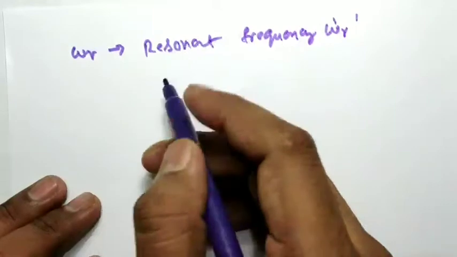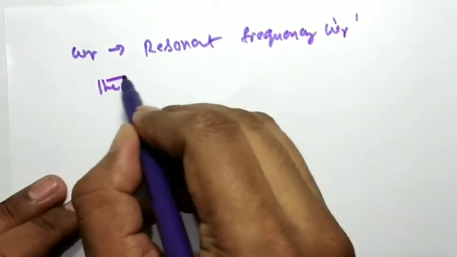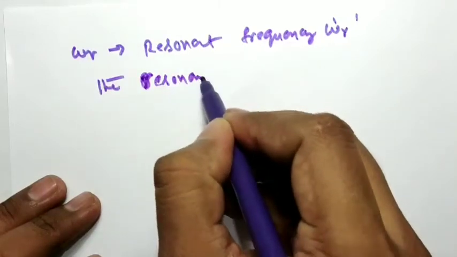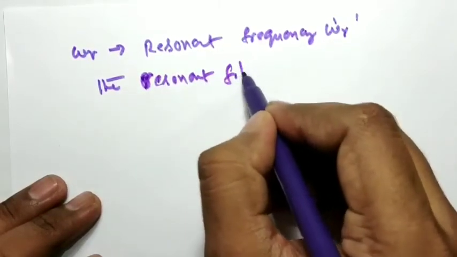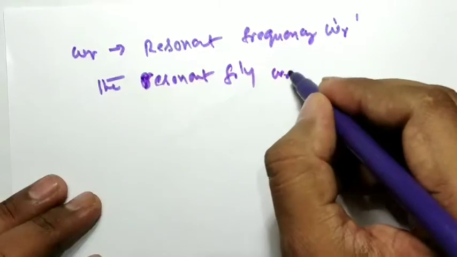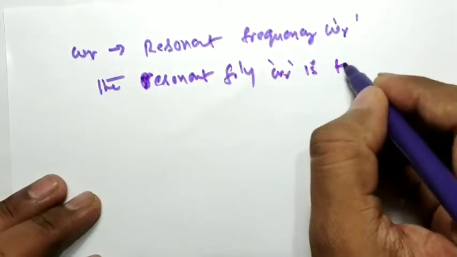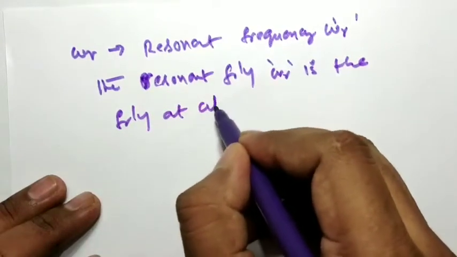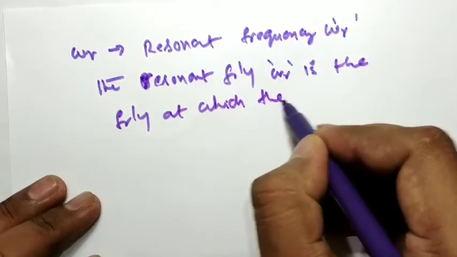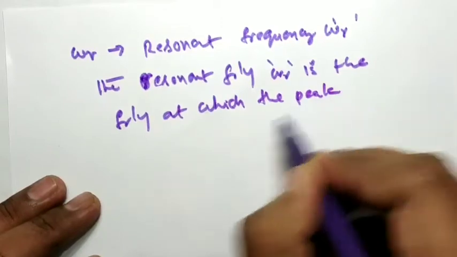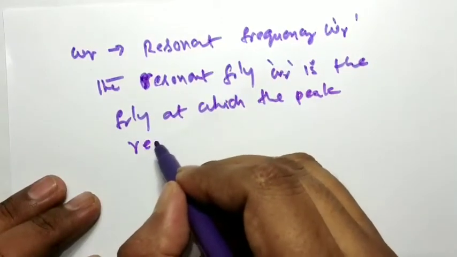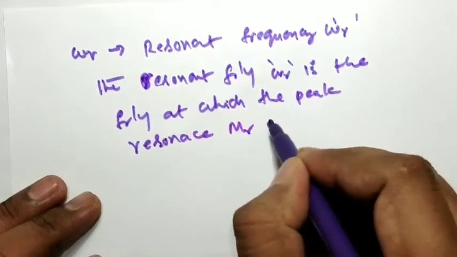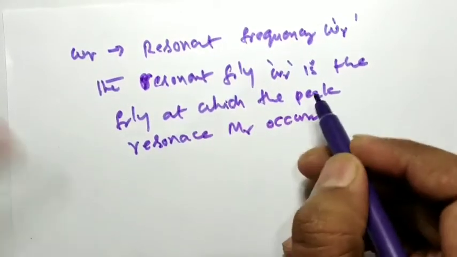The resonant frequency omega R is the frequency at which the peak resonance MR occurs.